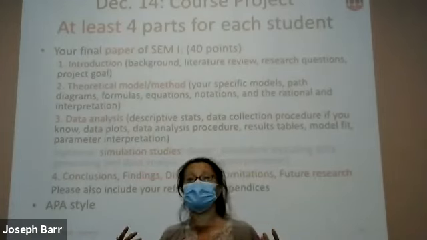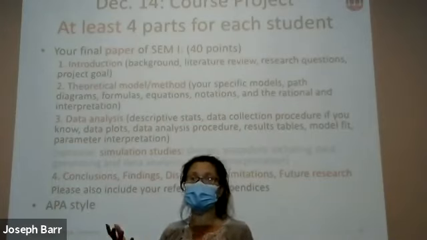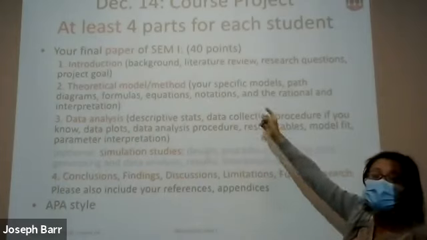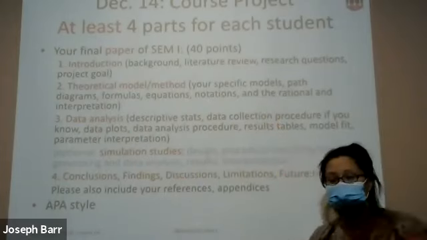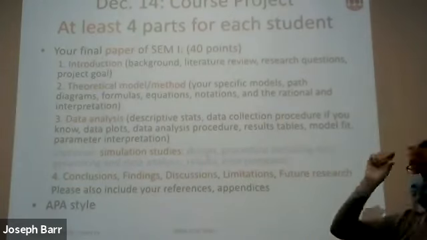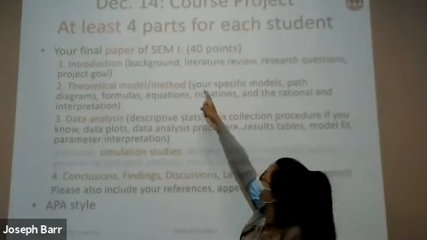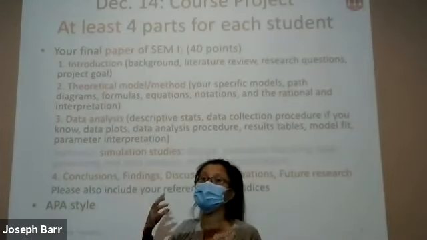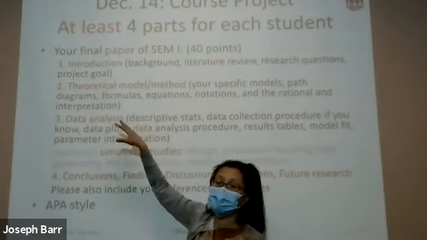Why do you want to do this course project? What's the background, and also literature review. You can just give me some background or literature in your introduction part, but that part is not our focus. That introduction part is not the most important part for our course project.